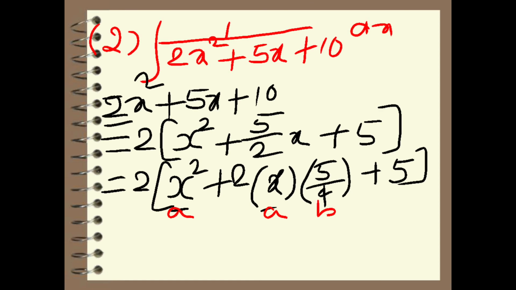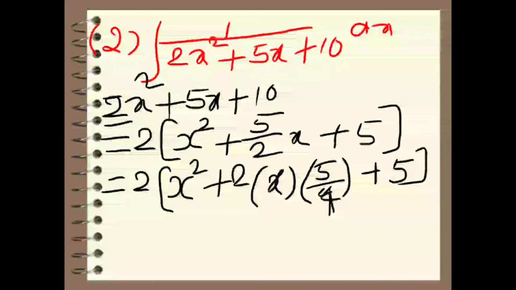So we should add and subtract b square. What is b square here? 5 by 4 whole square. We have to add and subtract 5 by 4 whole square.